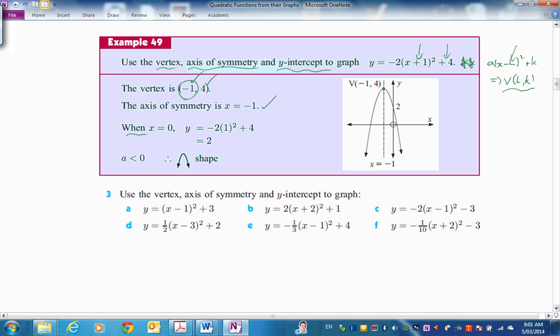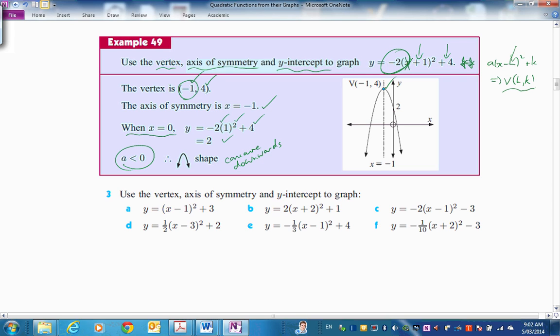The y-intercept is when x is 0, stick it in here, 0, so it's neg 2 by 1 squared plus 4. So that's positive 2. And then we notice, look at this, neg 2. A is negative, so it's concave, or concave downwards, you might want to say. Okay, let's try and draw it.